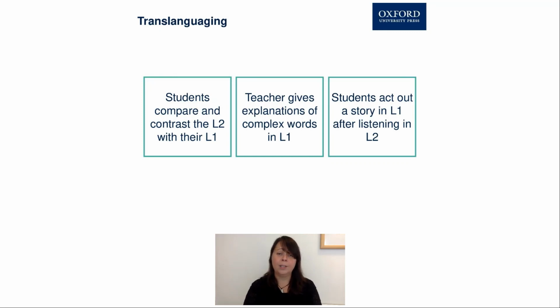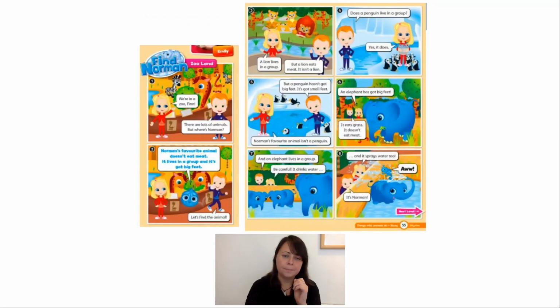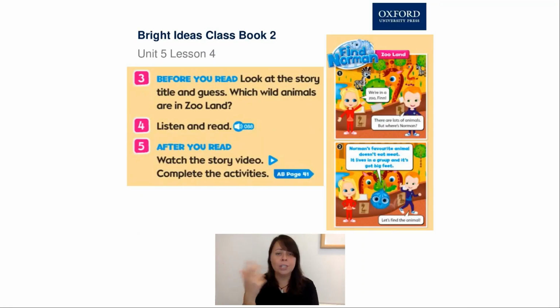And the third way that we're going to do that is that students act out a story in L1 after listening to it in L2. So here is an example of a story, and we have the visuals to help students. They have audio to listen to as well.